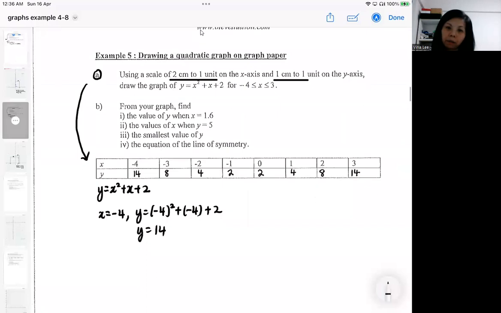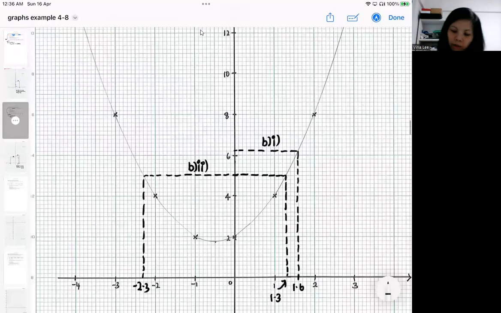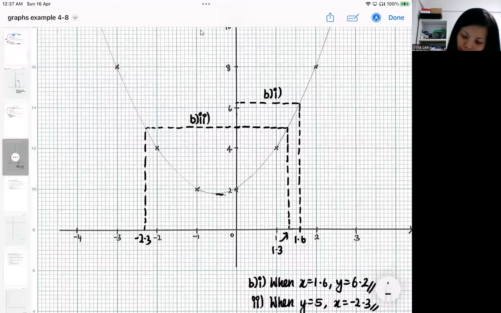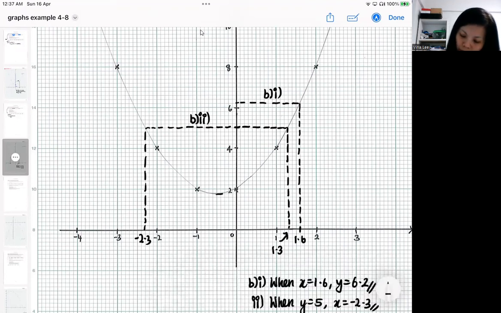B part 3, the smallest value of y. The smallest value is the lowest, this part. So you use a ruler. Sometimes the answer is not so nice, so maybe you need to estimate. So this part is B part 3.